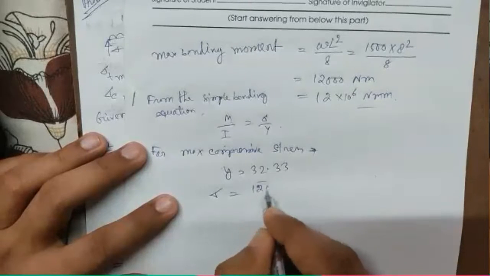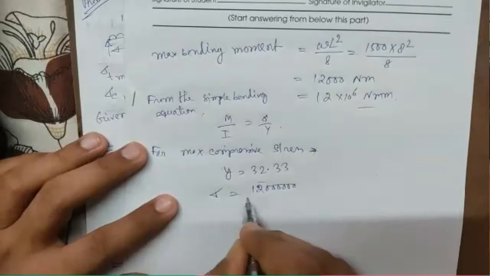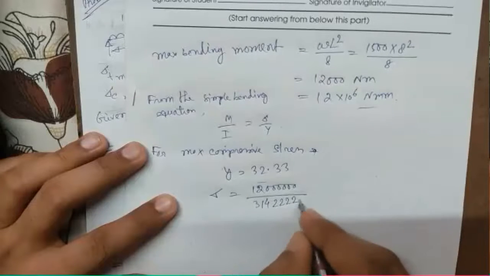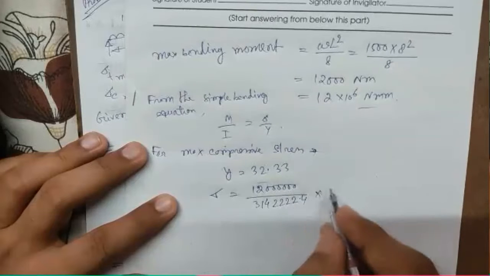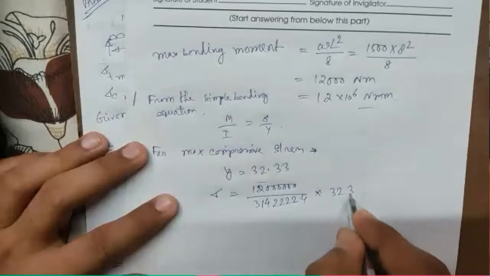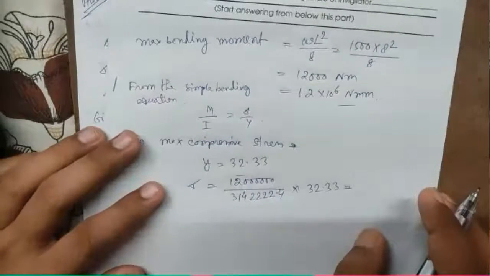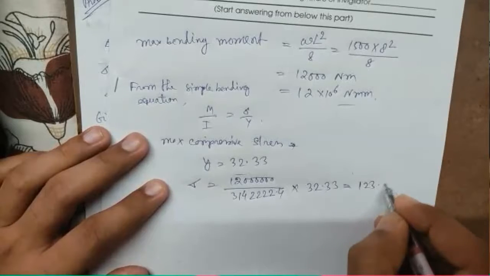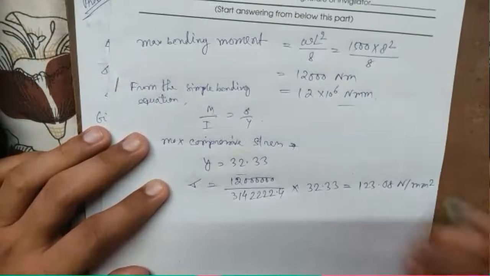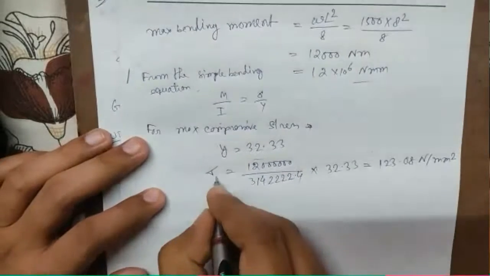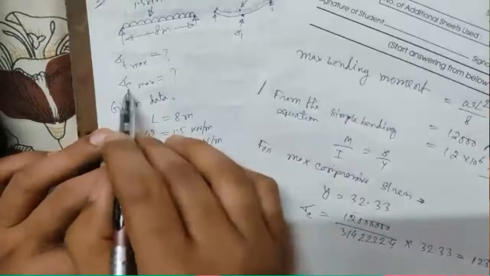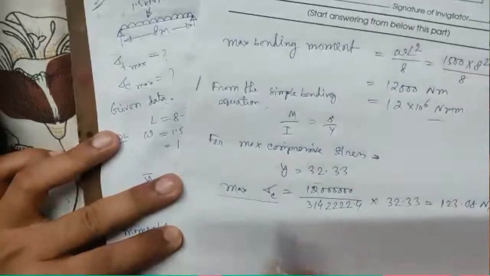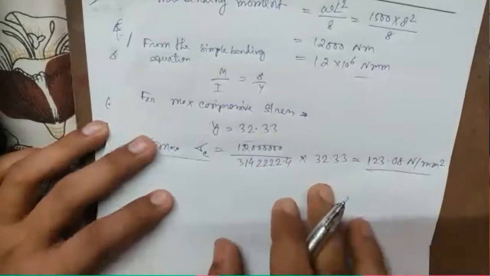M value is 12 and then 6 zeros, by I is 3142222.4 into y is 32.33, and finally we'll get 123.08 Newton per millimeter square. So this will be sigma c. So max compressive stress, or max sigma c, is 123.08 Newton per millimeter square.